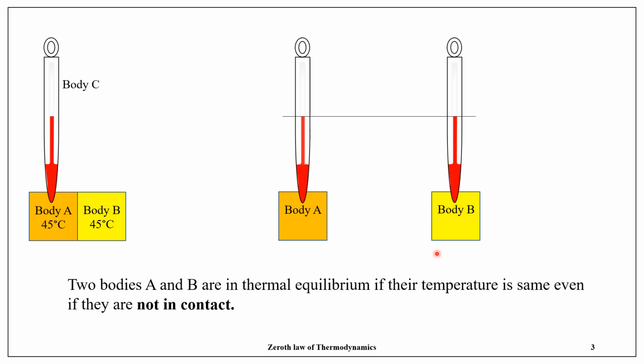So that is what is represented here. Two bodies A and B are in thermal equilibrium if their temperature is same, even if they are not in contact. There is no contact between body A and B. We don't know the temperature initially, but when you measure with a thermometer, and if both the bodies show the same temperature values, then they are in equilibrium.